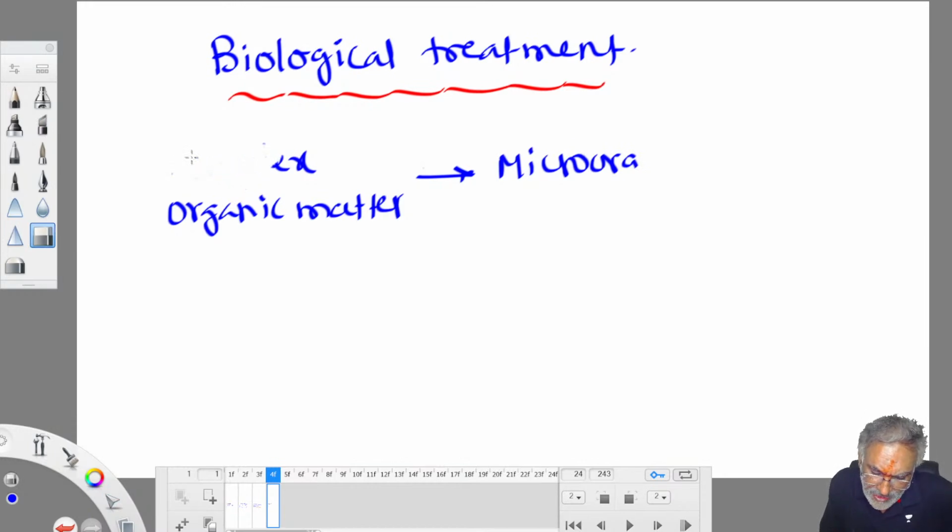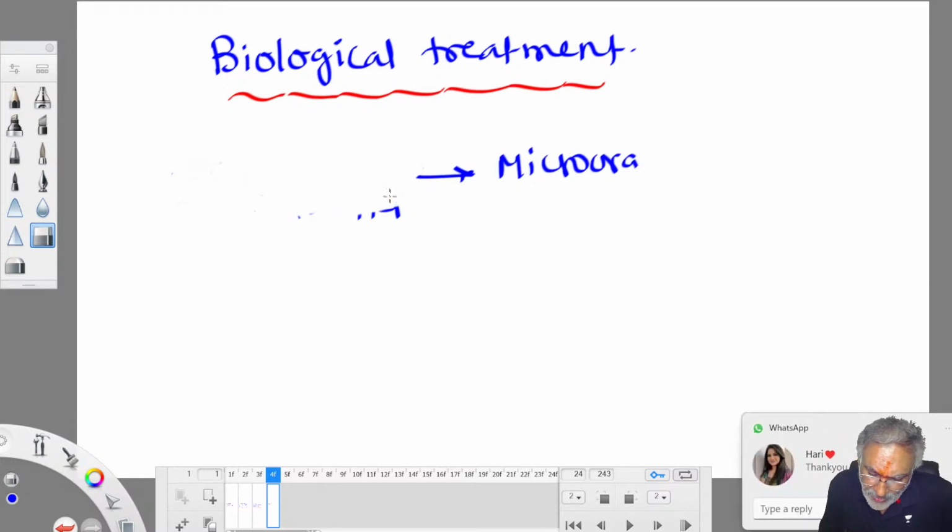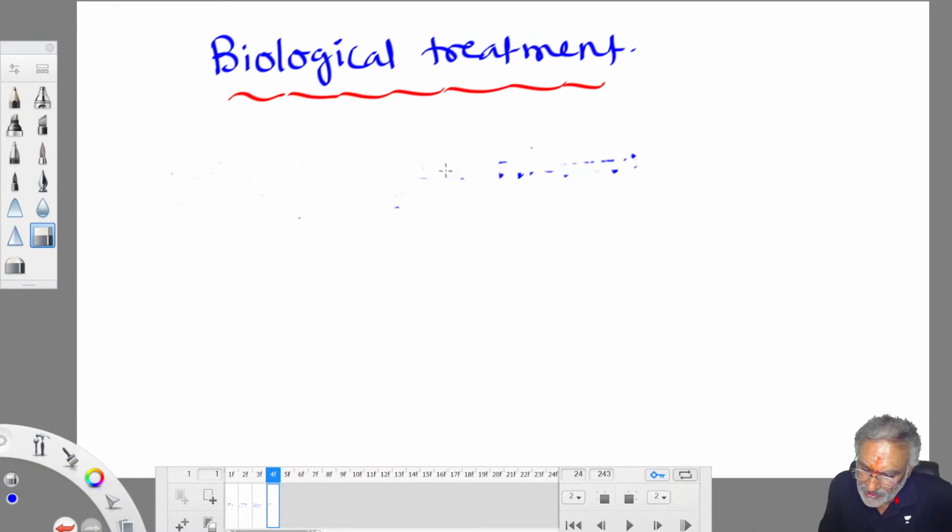We employ microorganisms to remove BOD from wastewater, because microorganisms are looking for food, so they get their food. We are looking for getting rid of the biodegradable matter, and we get rid of it. So both of us achieve our respective objectives. Therefore, biological treatment employs microorganisms.